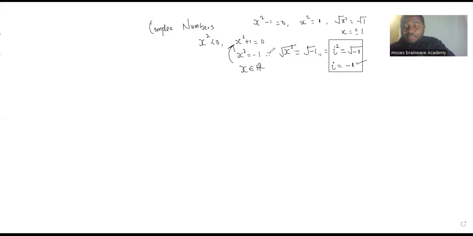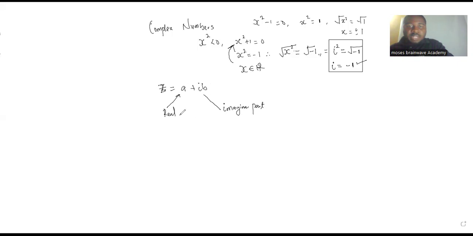Now, how do you see a complex number? A complex number is an expression of this form: z equals a plus ib. This is the real part of the complex number, while this part is called the imaginary part.